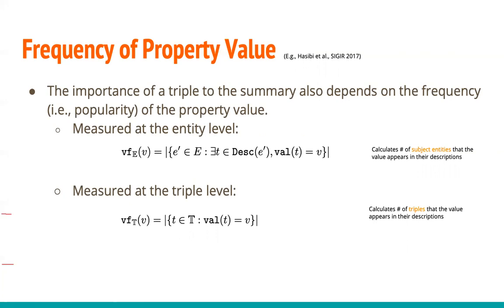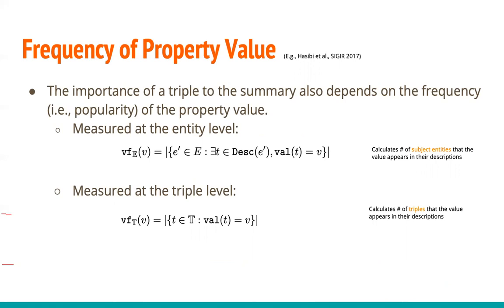And then if we are counting this feature at the triple level, we can calculate the number of triples in which this value appears. So, for example, if the same entity uses two different relations linking the same value, if we are measuring the triple level, it will be counted as 2.